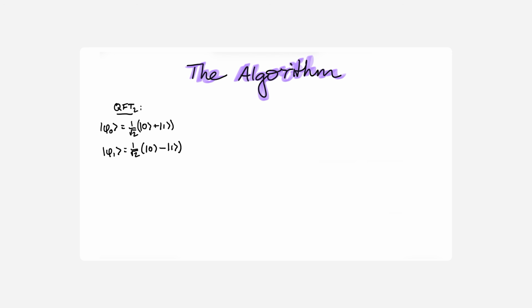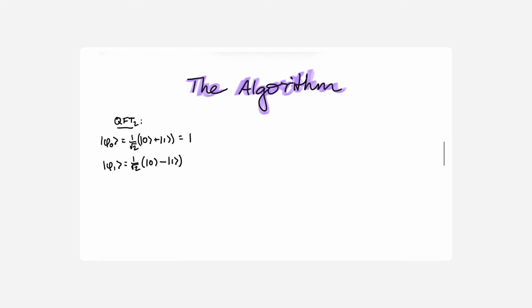You might already recognize the gate that accomplishes this. It's the Hadamard gate. So H times 0 equals phi sub 0, and H times 1 equals phi sub 1.